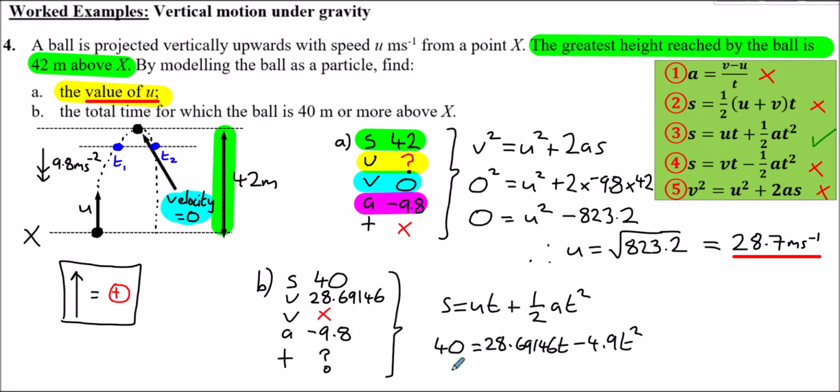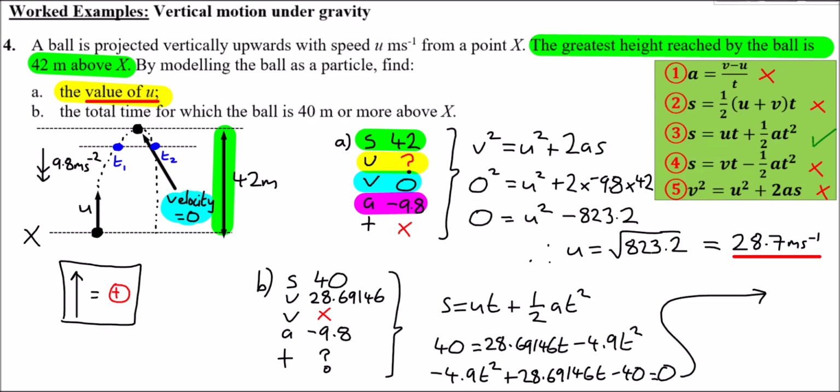Get everything onto one side of the equation, so I'm going to leave it all in terms of a minus 4.9 t squared, and plus 28.69146t, again minus 40 off, equals 0.